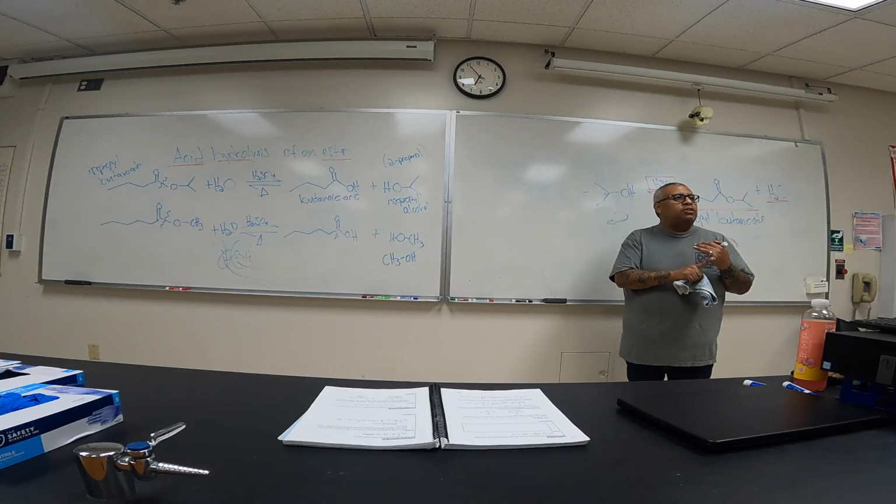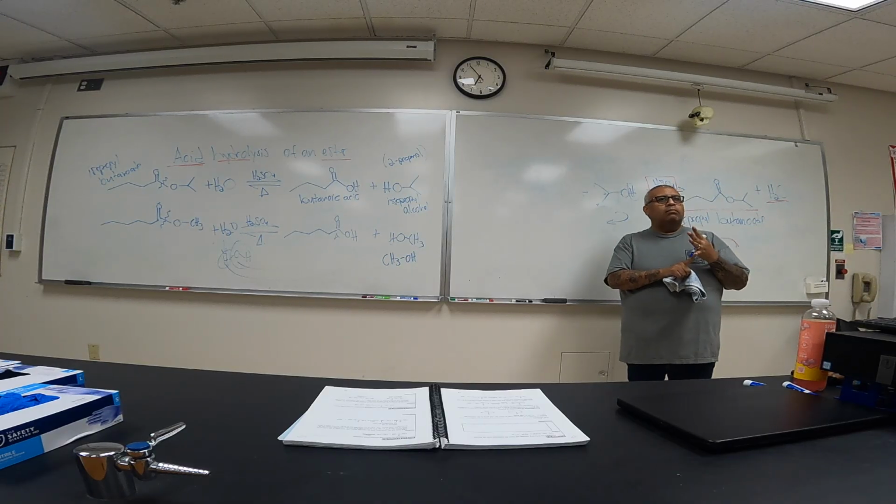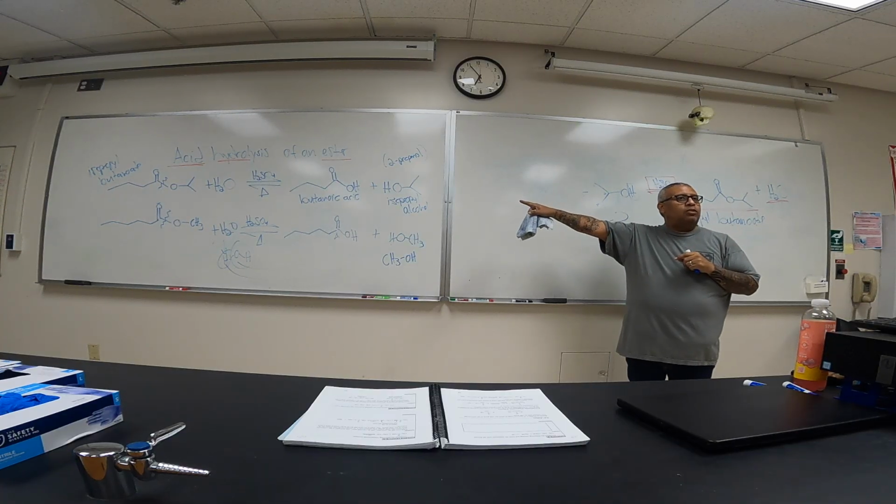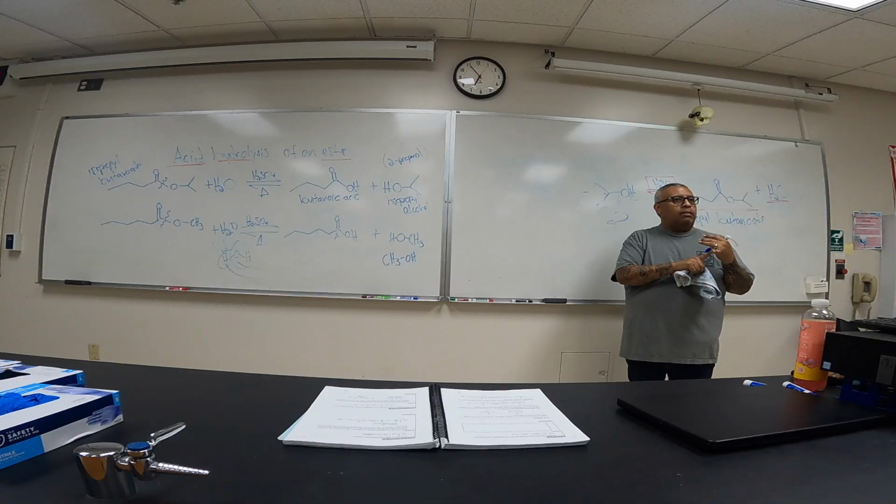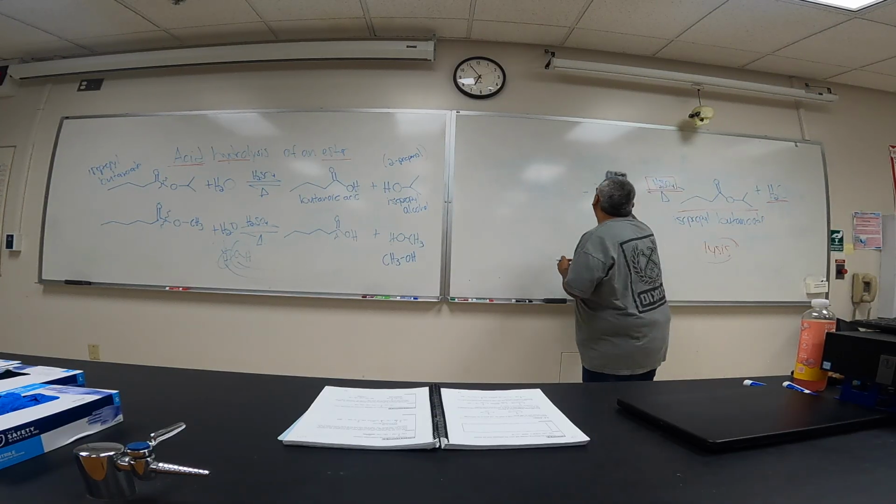What two components do you need to make an ester? Carboxylic acid and alcohol. And for acid hydrolysis of an ester, what are we going to get as our products? Carboxylic acid and an ester, and an alcohol, right? Carboxylic acid and an alcohol.